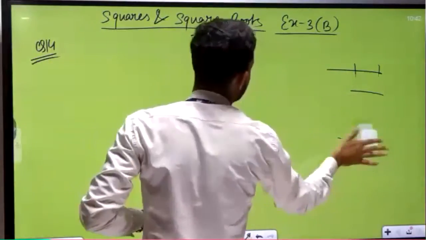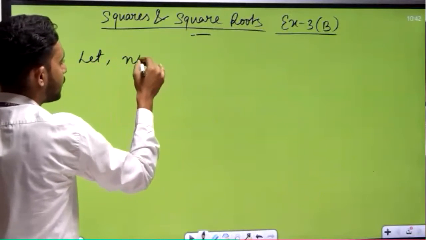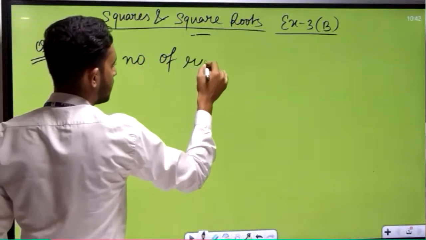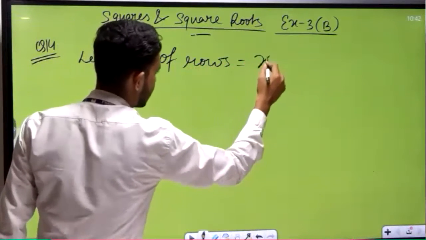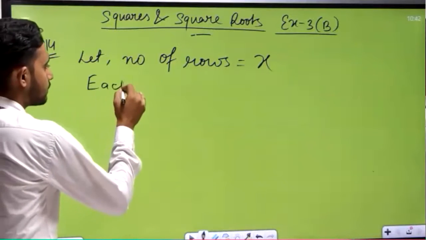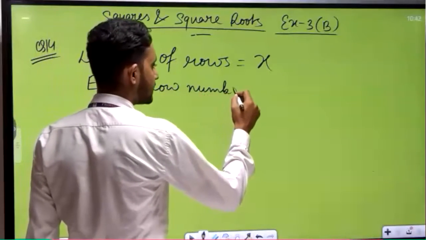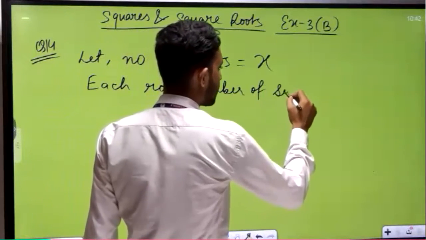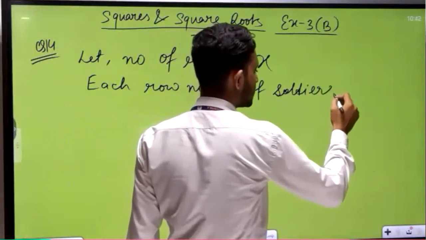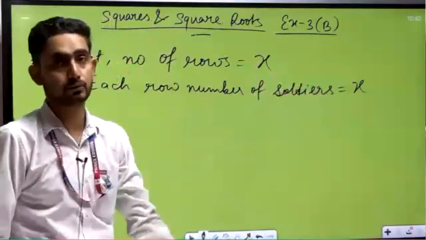How do we consider it? Let's see. We will consider let the number of rows be equal to x, and in each row the number of soldiers is also x, because the number of rows will be the same as the number of soldiers in each row.